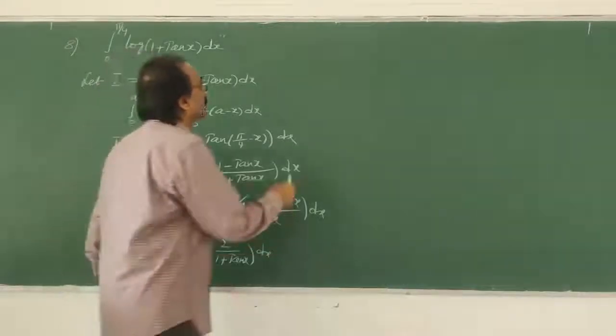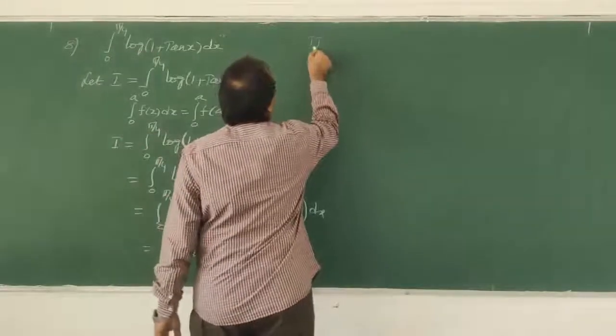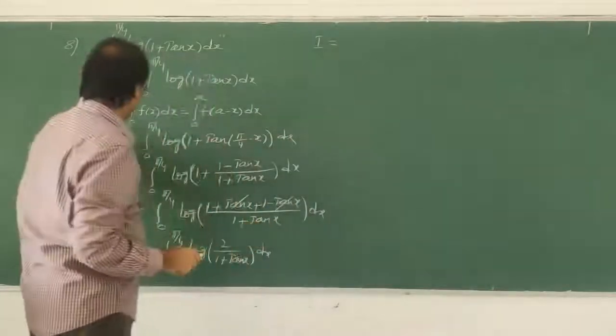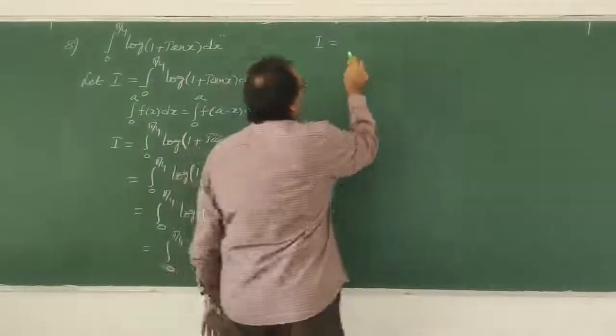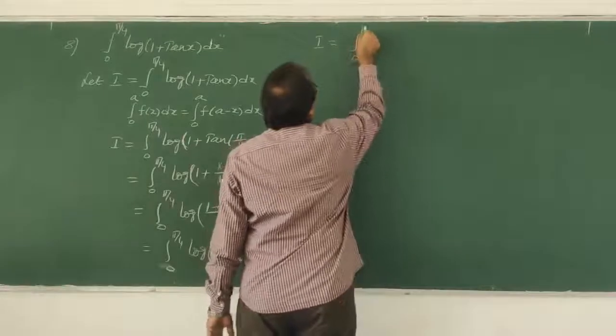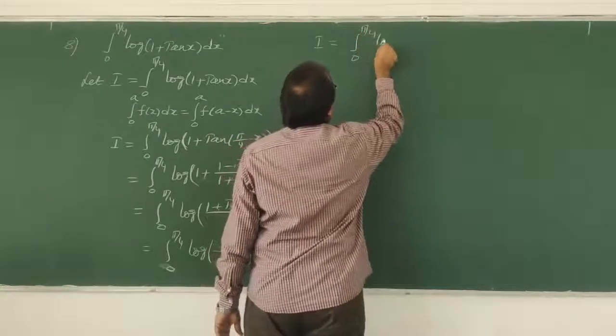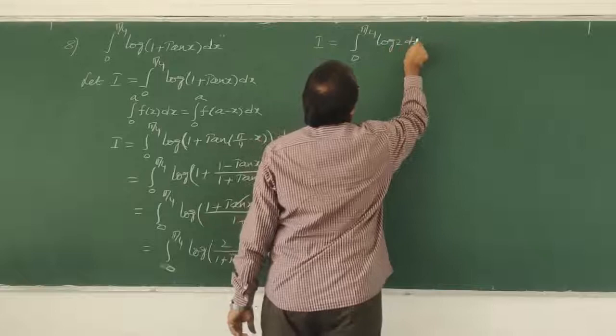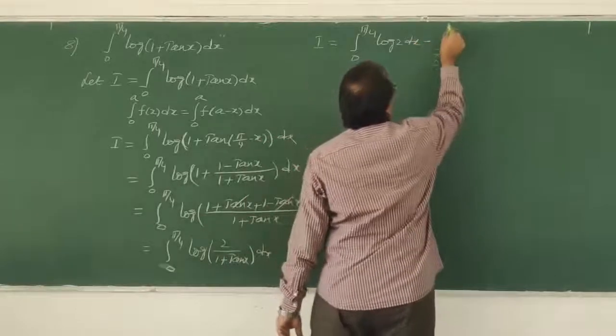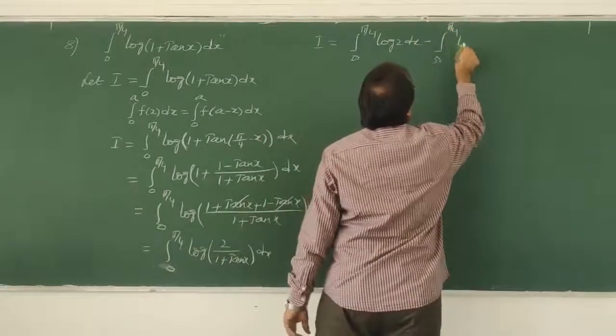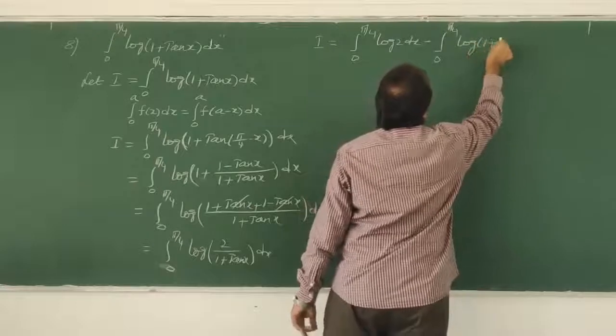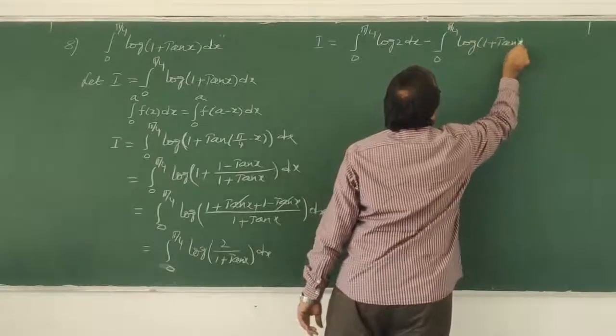So I is equal to the integral from 0 to pi by 4 of log 2 dx minus the integral from 0 to pi by 4 of log of 1 plus tan x dx.